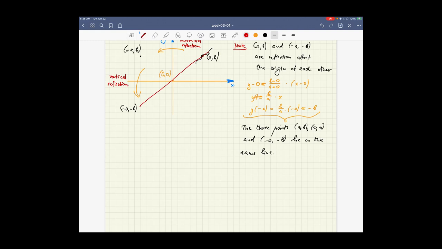Second, I claim that they are equidistant from the origin.